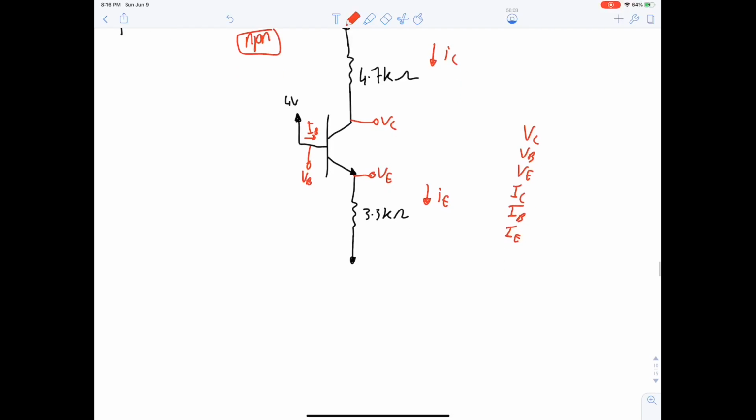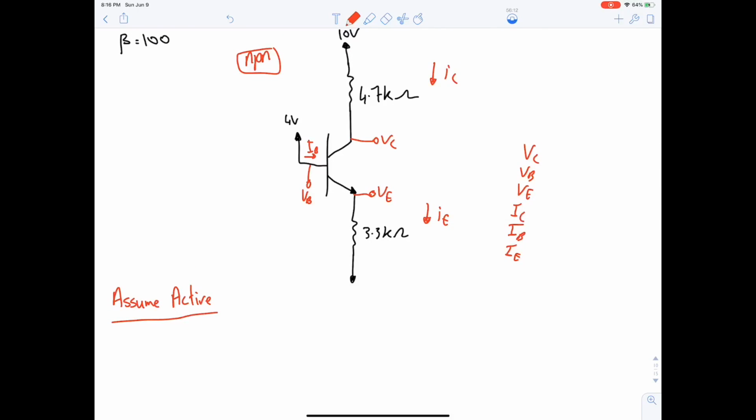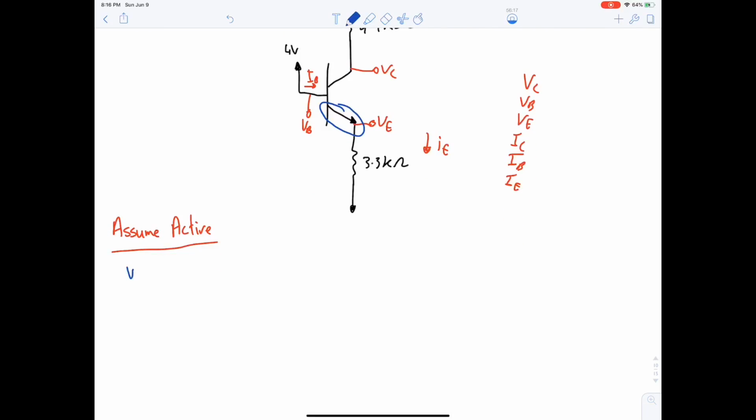Okay, and then we have to say assume active, right? Now, after assuming active, we need to say that the arrow is equal to 0.7. So it will be VBE is equal to 0.7, opening it. VB is 4, given in the circuit. 0.7. VE is equal to 3.3 volt, right?